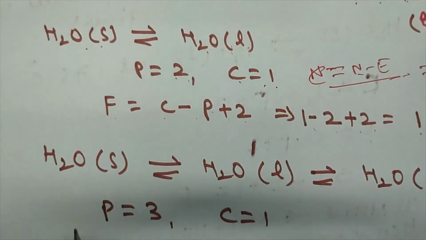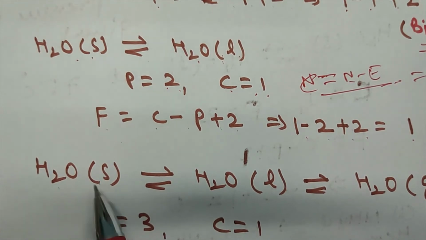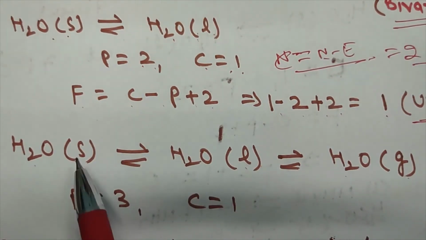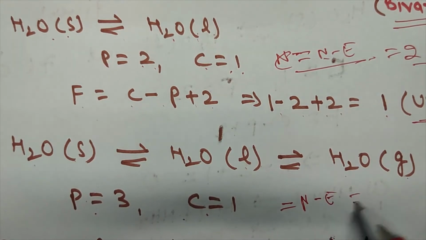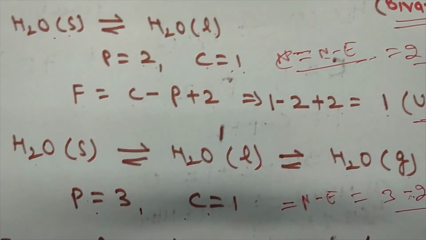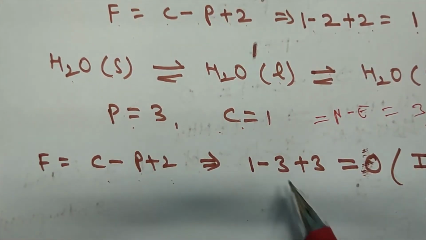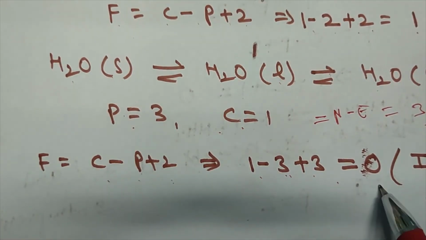Now the last one: H2O solid, H2O liquid, H2O gas. Then the phase will be 3, solid, liquid and gas. Component will be 1. You can calculate n minus A, 3 minus 2 is equal to 1, because there are 2 equilibria. Now C minus P plus 2: 1 minus 3 plus 2 is equal to 0.